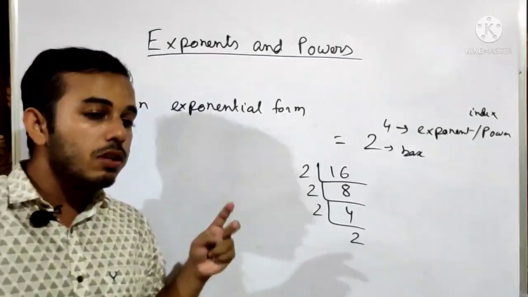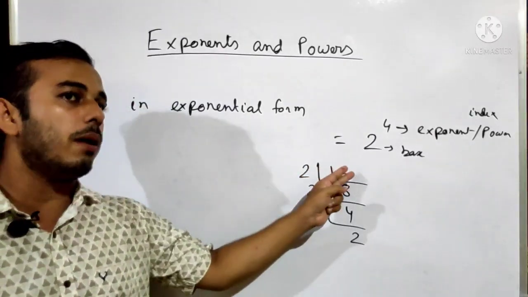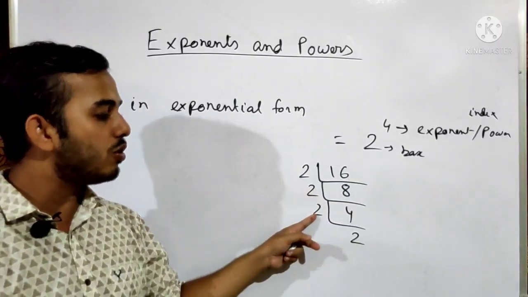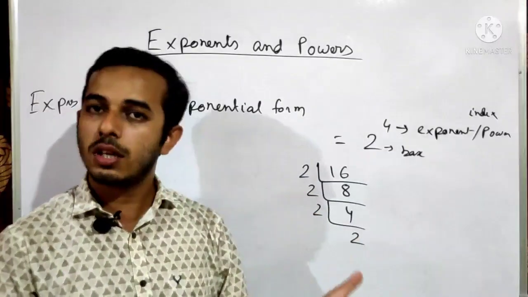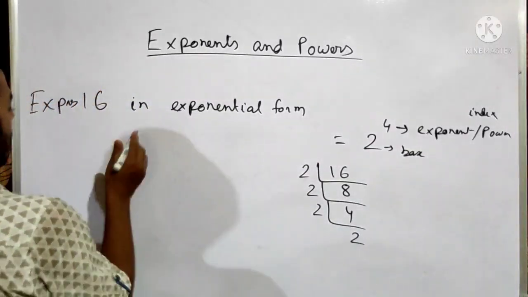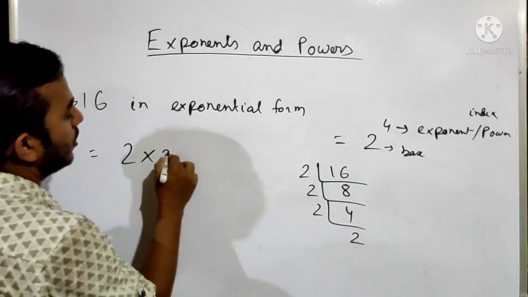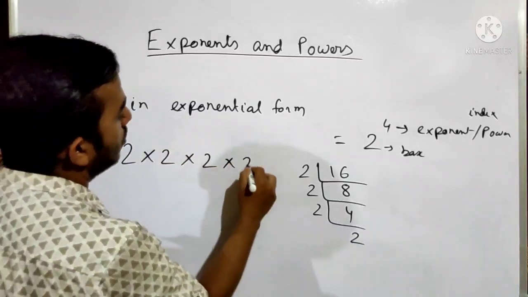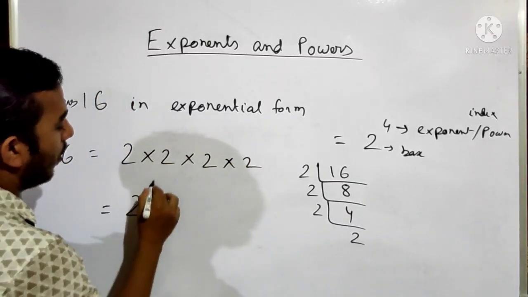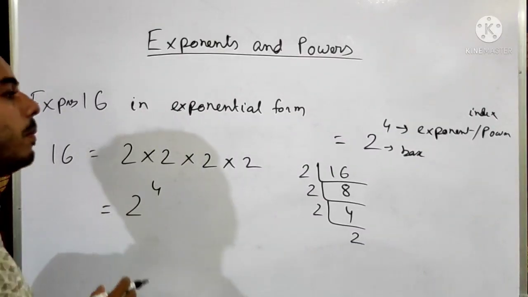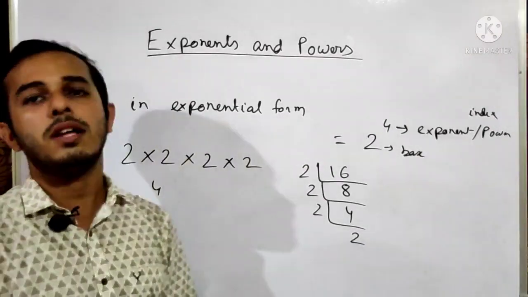If we multiply the factors, we will get the number. 2 into 2 is 4, 4 into 2 is 8, 8 into 2 is 16. So we can write 16 equals 2 into 2 into 2 into 2 equals 2 power 4.